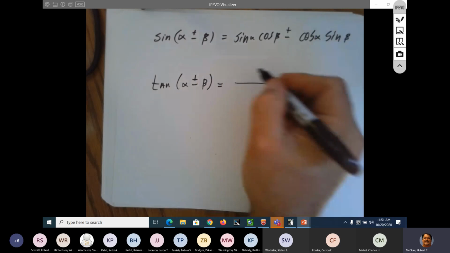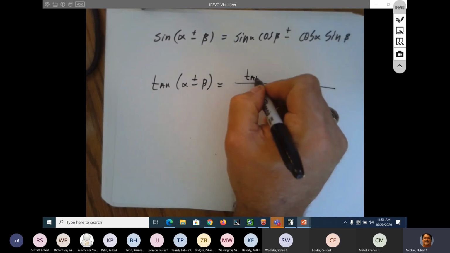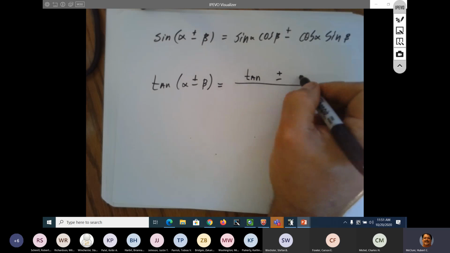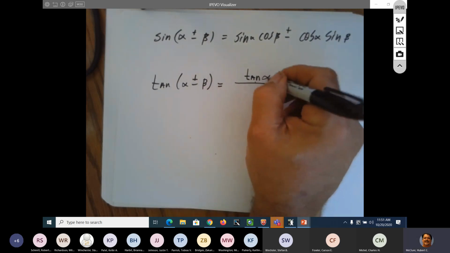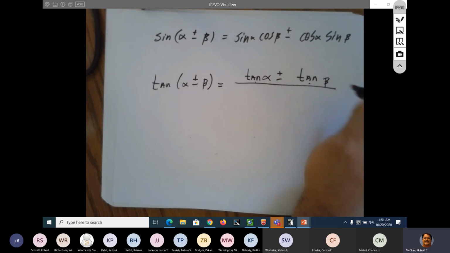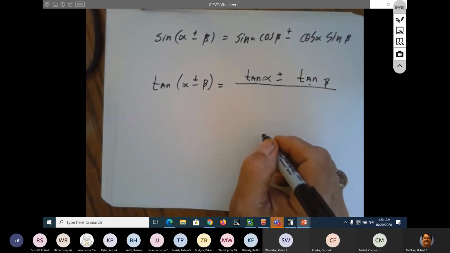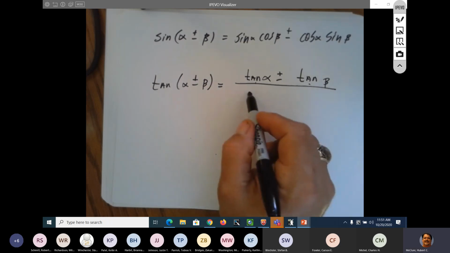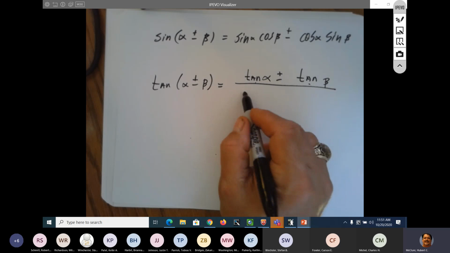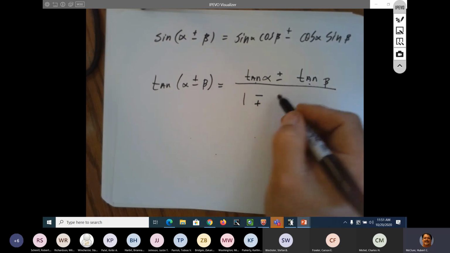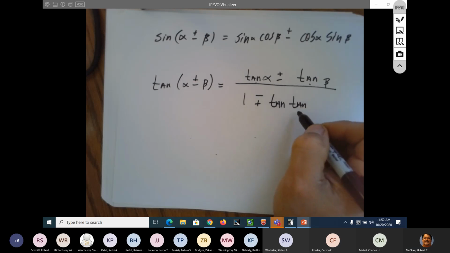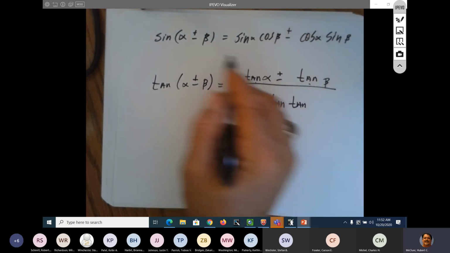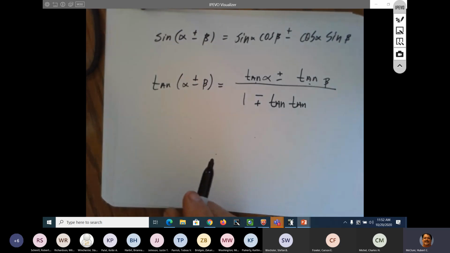So you draw the top here, and you go tan plus or minus tan, and that's going to be alpha and beta, all over 1, and then you reverse the signs. Minus plus tan. And that is the rest of the sum and difference formulas.